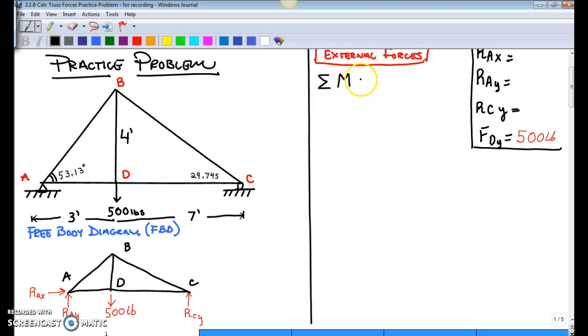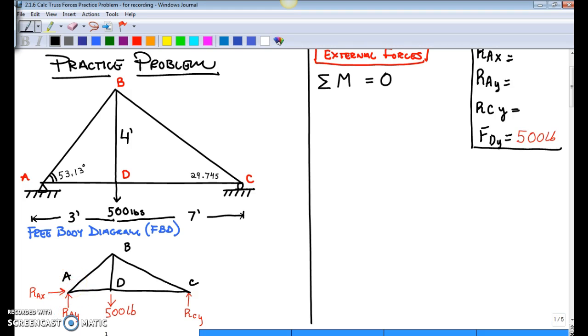We know that the sum of the moments has to equal 0. But you don't just say the sum of the moments, because the moment could be about anywhere. It could be about point A, or about B or D or C. It doesn't really matter. You can calculate them from anywhere. But we are going to choose point A as our reference point.